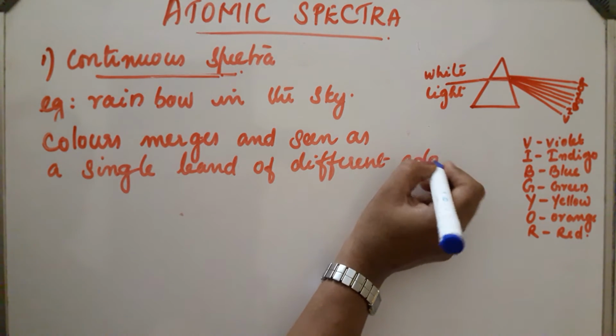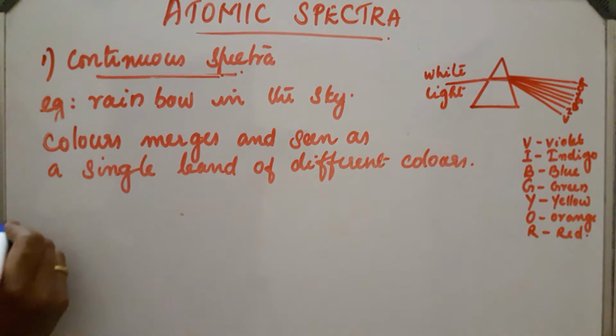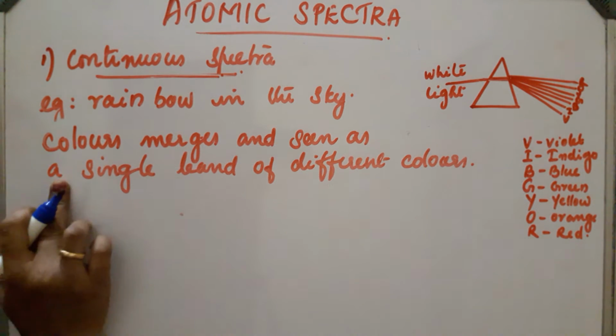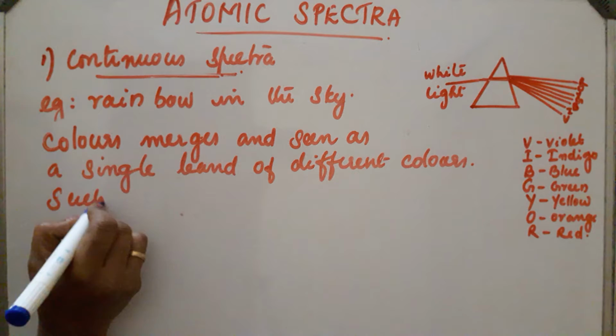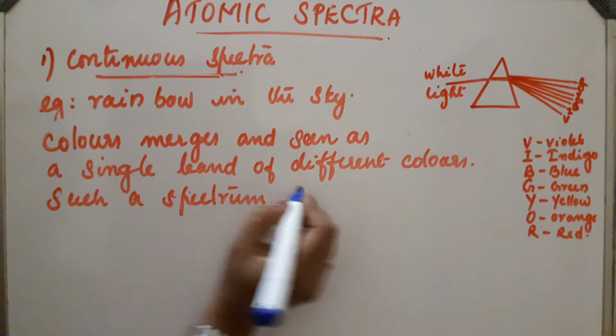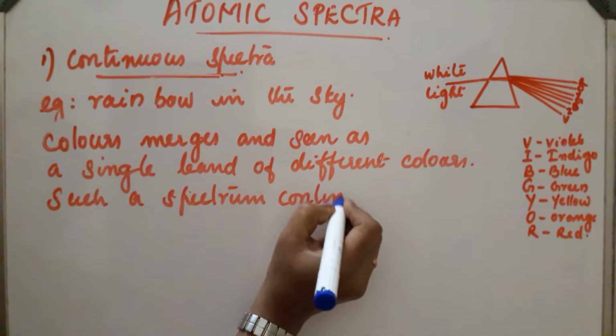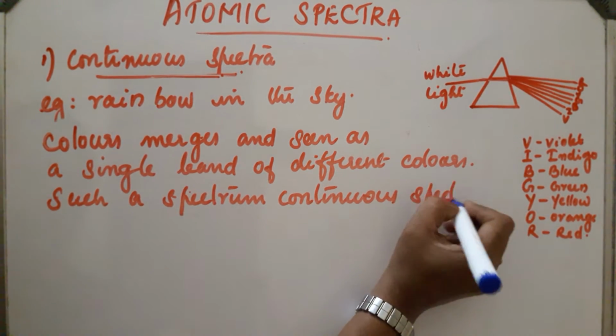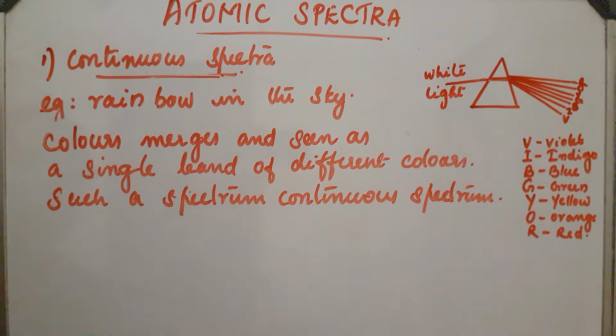This type of spectrum is known as a continuous spectrum because the different colors are continuous. So rainbow is an example of a continuous spectrum.